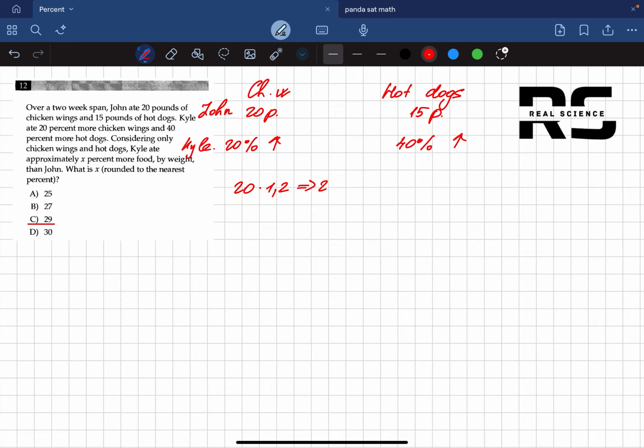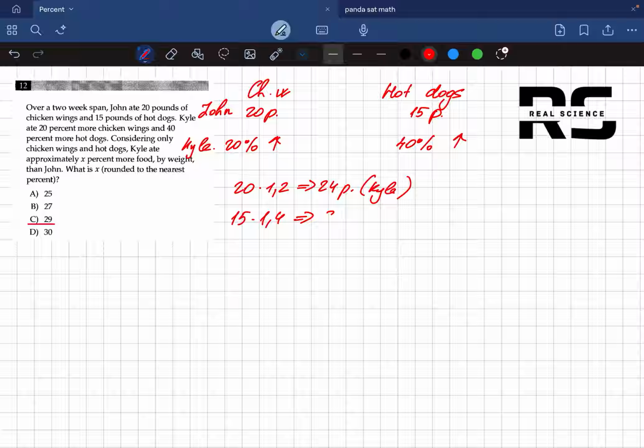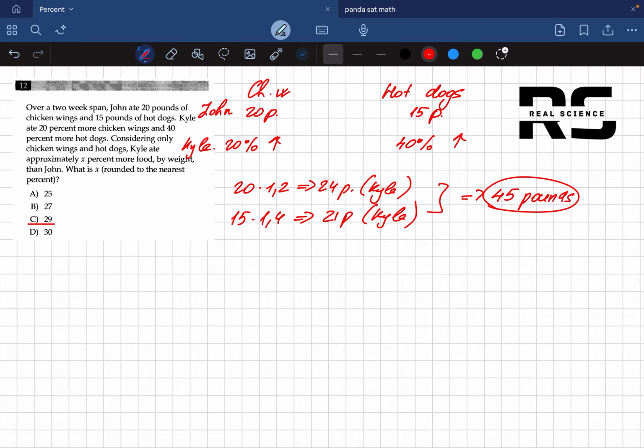That is 24 pounds. This is Kyle. And 40% more hot dogs, so that's going to be 15 times 1.4. This is 21 pounds. This is Kyle as well. And in total, he ate 45 pounds of food. This is Kyle. What about John? He ate 20 plus 15, 35 pounds.